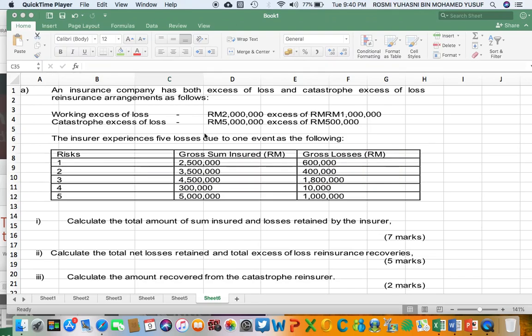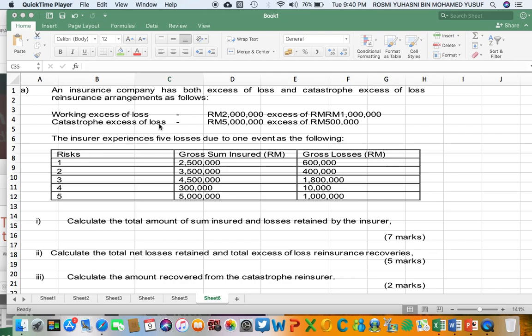Let's go through some calculation example of standalone non-proportional reinsurance. In this question, it combines two types of non-proportional reinsurance, which is number one, working excess, and number two, catastrophic excess of loss.